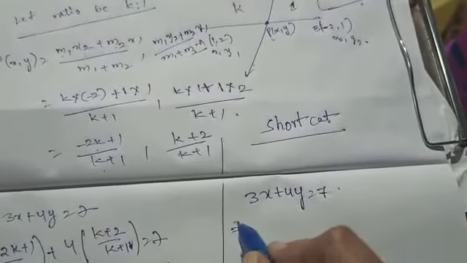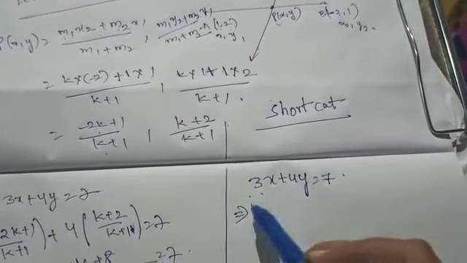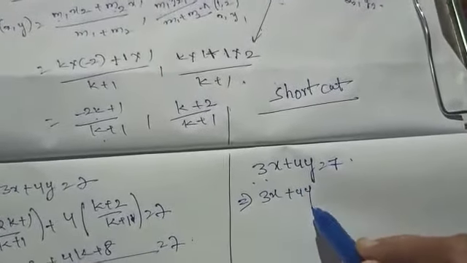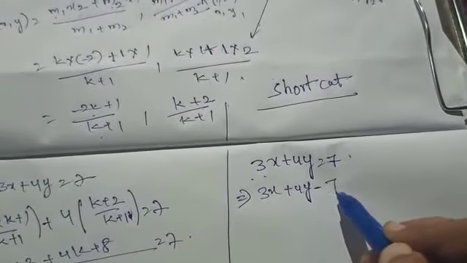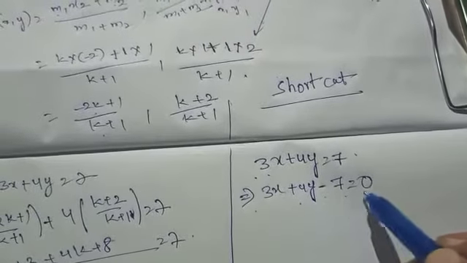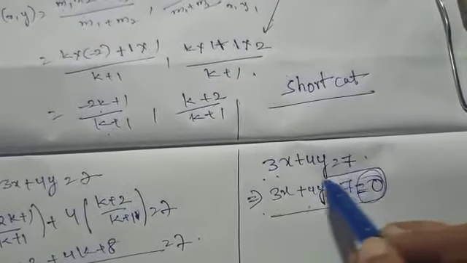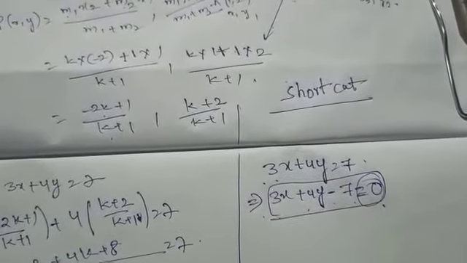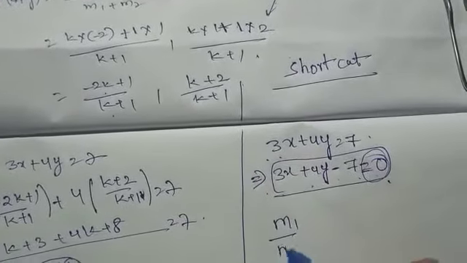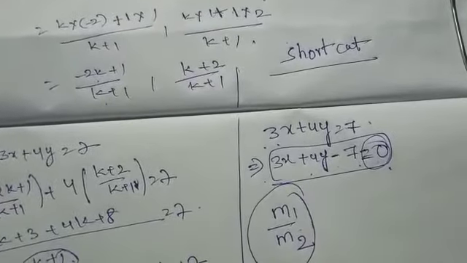Write this equation in this way: 3x + 4y - 7 = 0. Here we have to find the ratio m1 is to m2, m1 by m2.